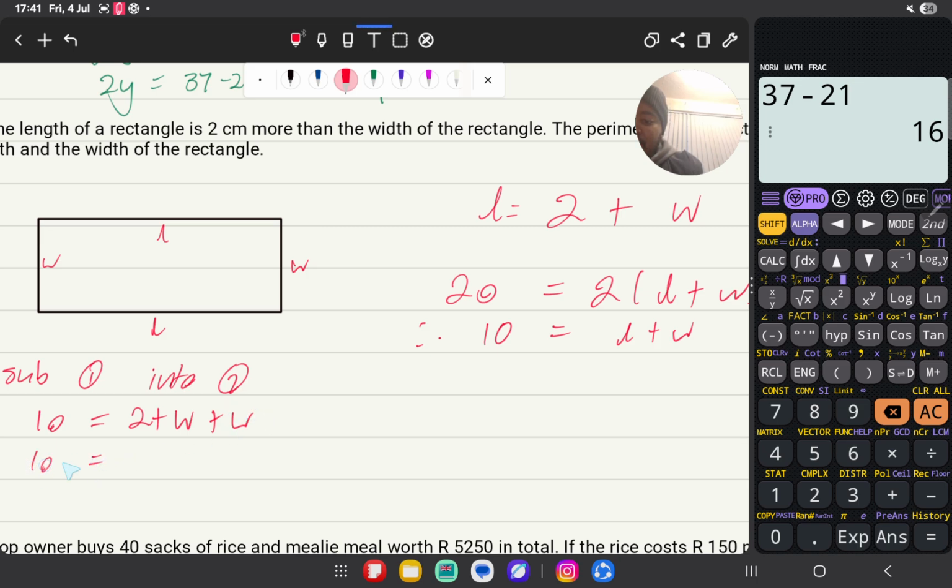Then I have 10 minus 2, I have 2w. Then I have 8 equals 2w. That means w equals, divide by 2, divide by 2. Therefore w equals 4.